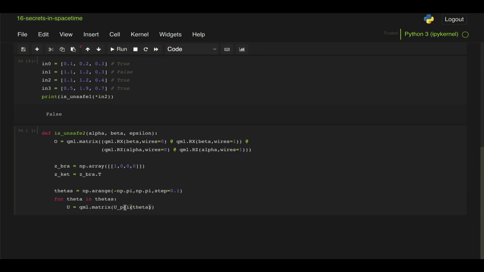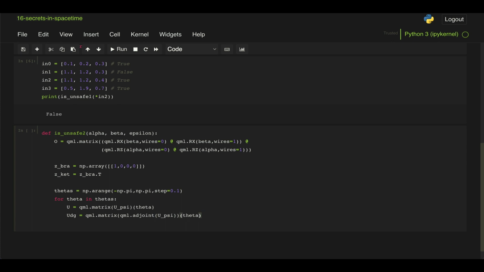So I can do that by passing that to qml.matrix, and then this returns a function that needs to be evaluated for each theta. And then I can do the same thing for the transpose conjugate of that. So let's call it U dagger, where now I'm going to use this qml.adjoint on that uPsi function I already defined.